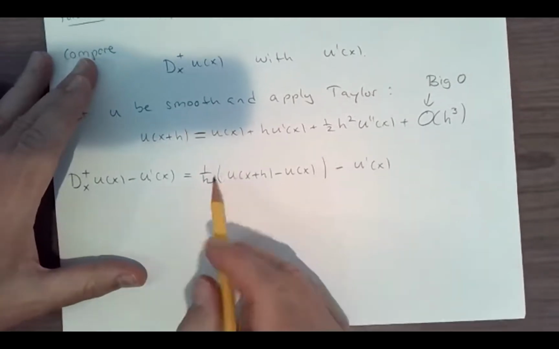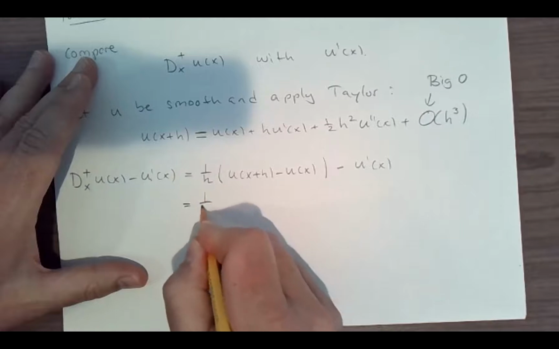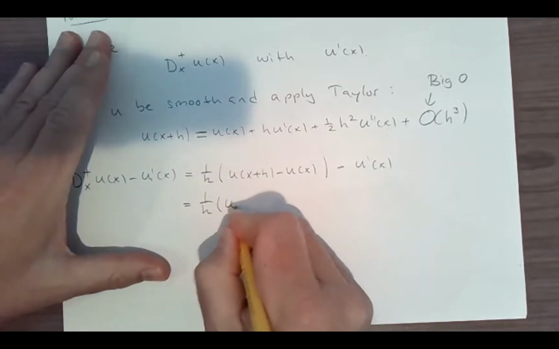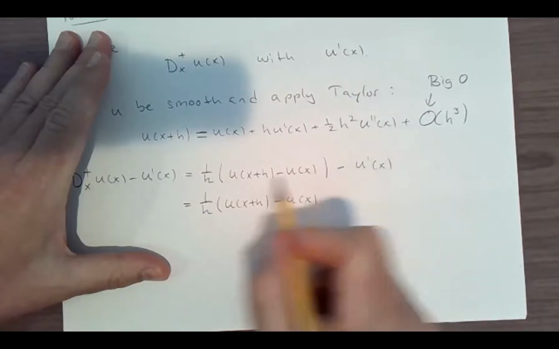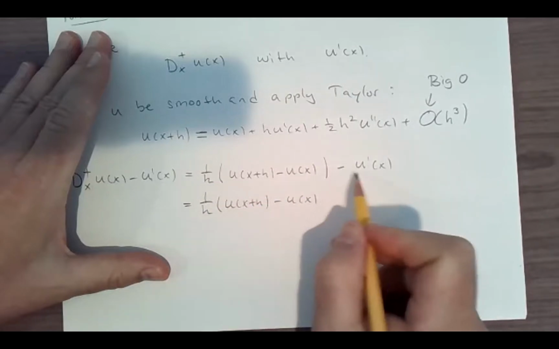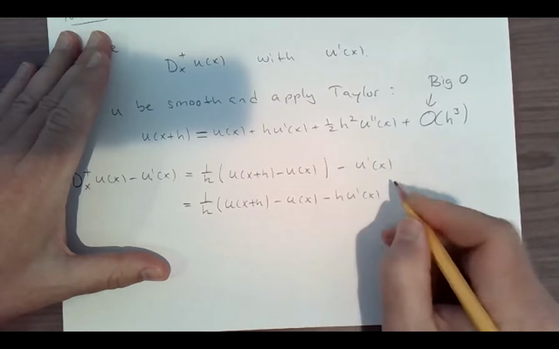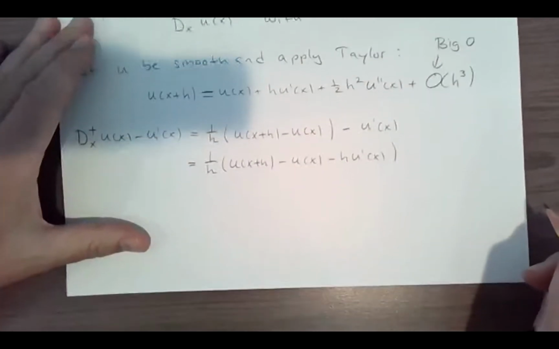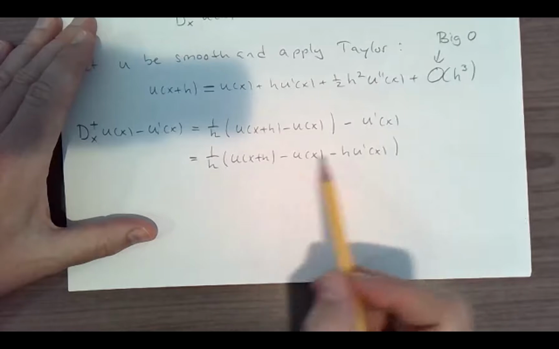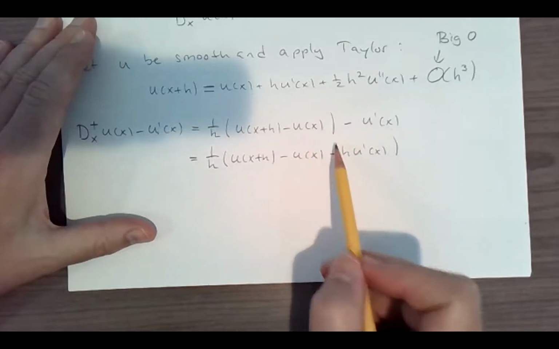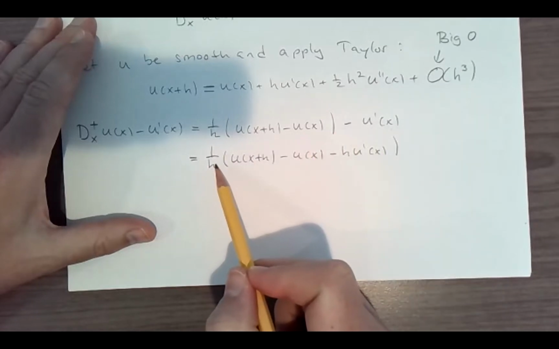So the first order of business is I want to put this 1 over h outside. Okay, so I can do that. 1 over h, u of x plus h minus u of x, and then to get this one outside I have to multiply here by an h. Nothing happened here; I just moved this term inside the bracket, and to do that I need to multiply by h because I'm dividing by h out here.